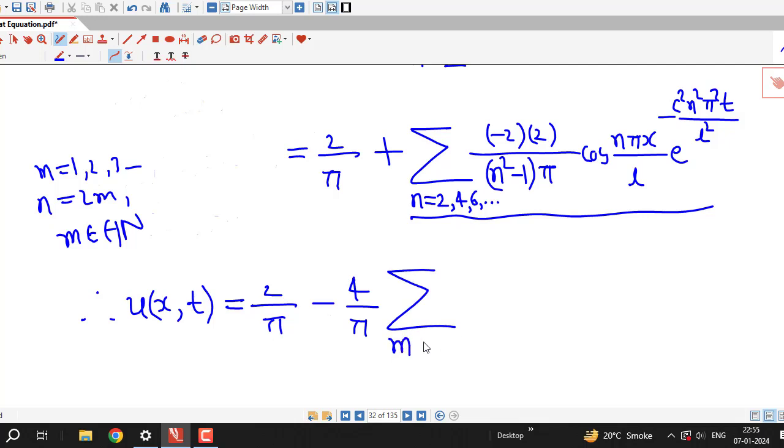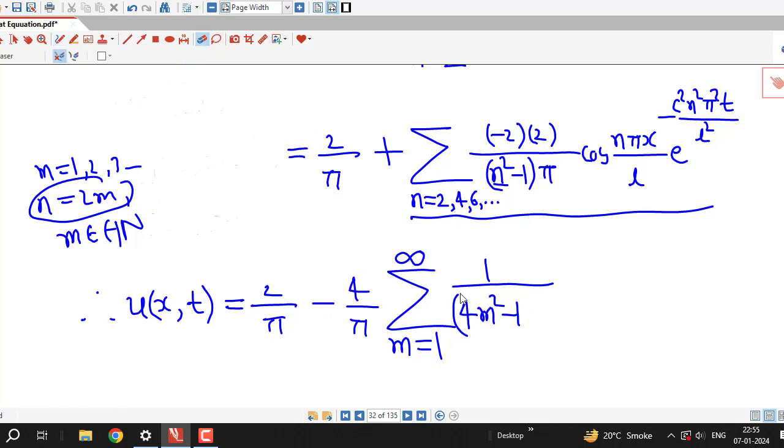Here we will write sigma from m equal to 1 to infinity, and we will take n equal to 2m everywhere in this formula. So I have n square, and if I take n equal to 2m, I will have 4 into m square minus 1, and I have taken this pi outside, so I am writing only 1 divided by 4 into m square minus 1.